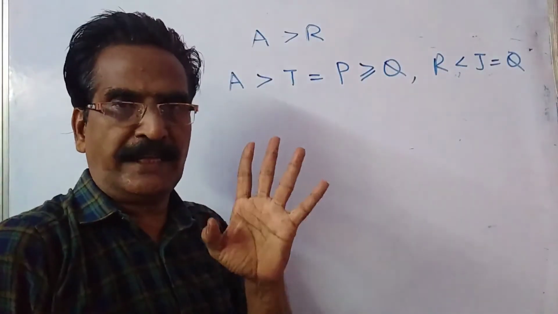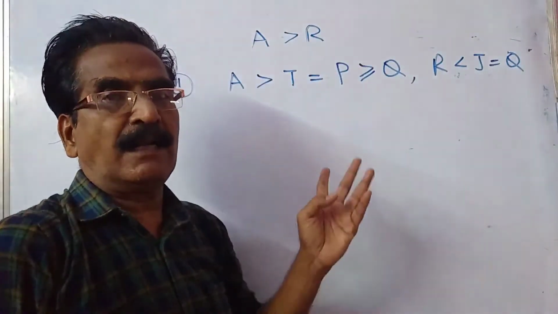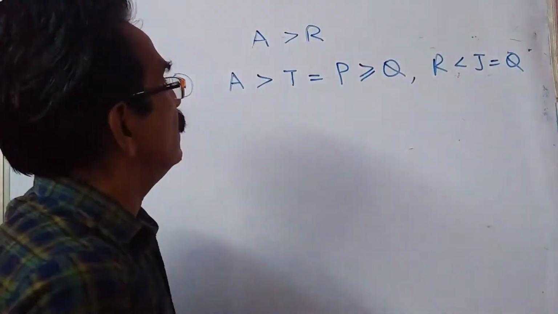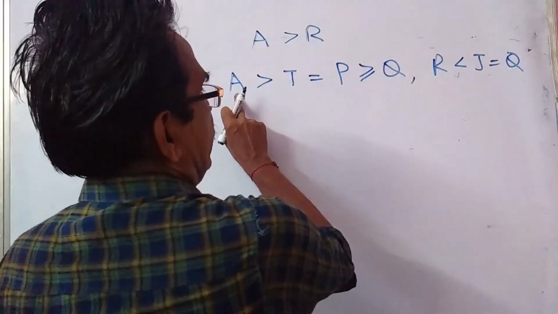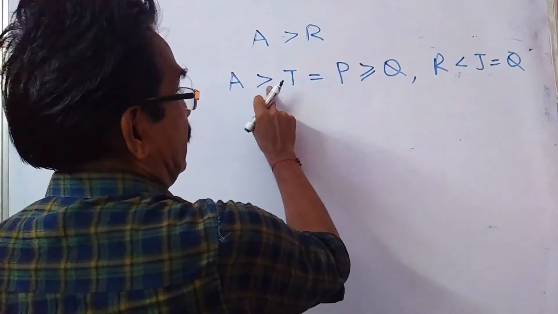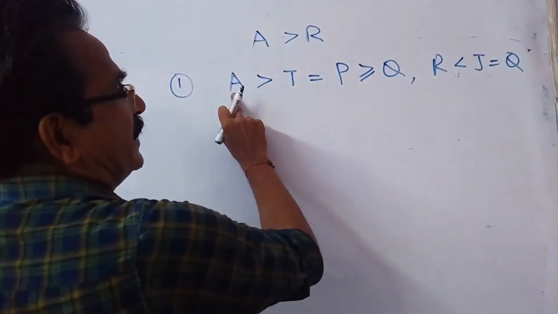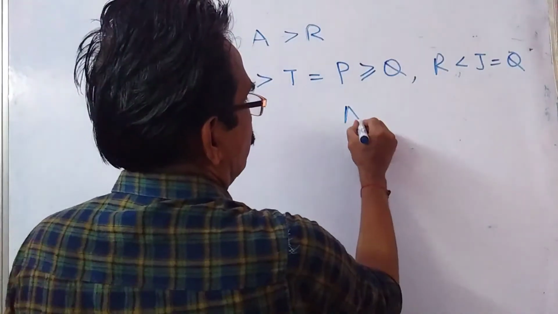Now we have to verify whether A greater than R does not hold good. Let us see. Here A greater than or equal to greater than. Here A greater than Q.